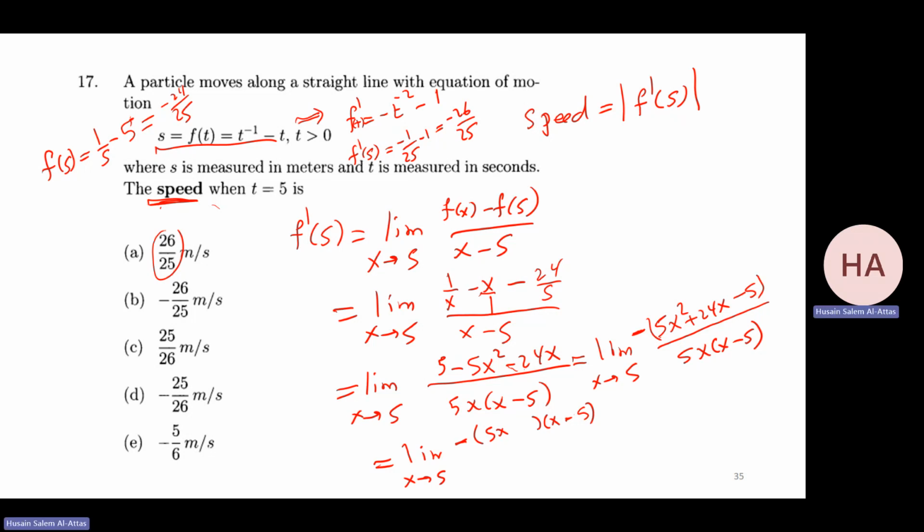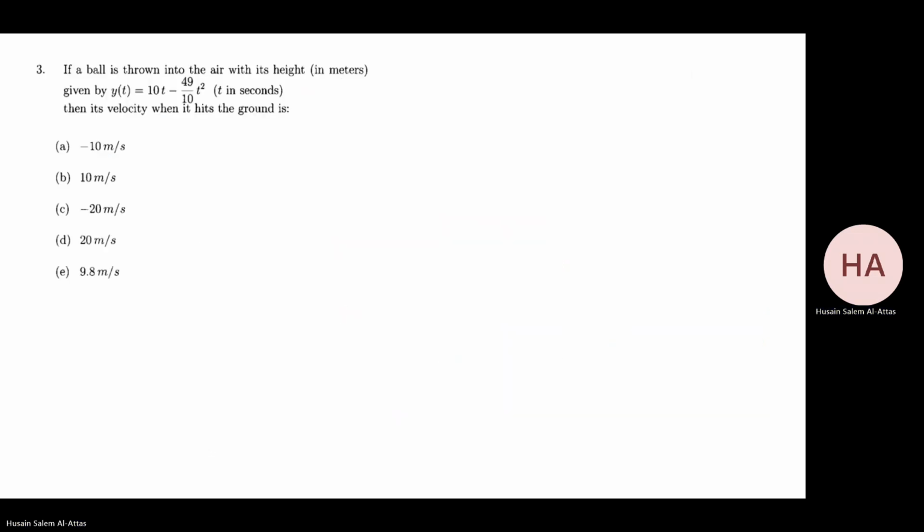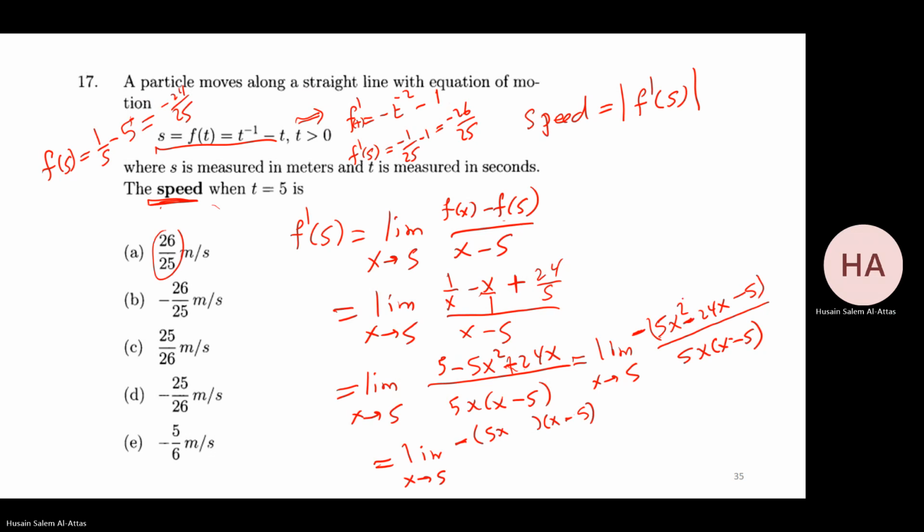Is there a mistake somewhere? F of x is 1 over x minus x over 1. F of 5 is 1 over 5 minus 5. Yeah, f of 5 is minus 24 over 5. So this is plus, so this should be minus. Yeah. So now I have x minus 5 is minus 25.